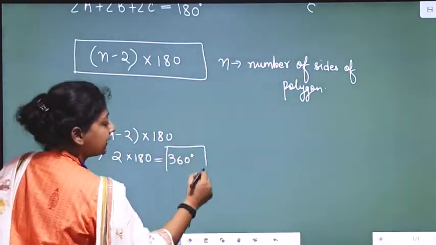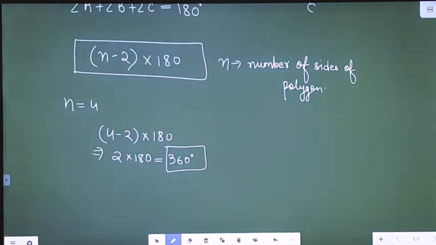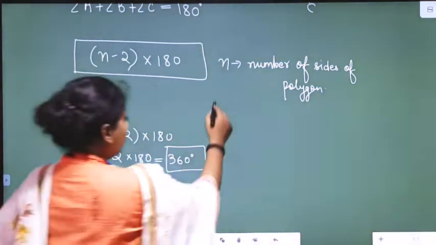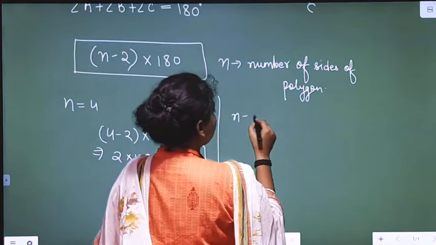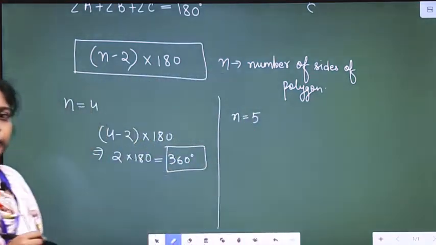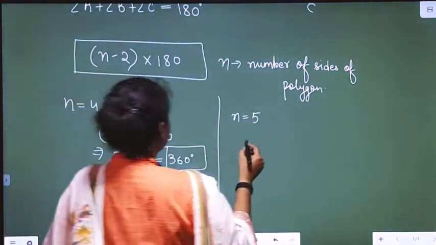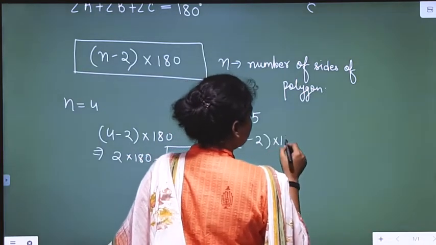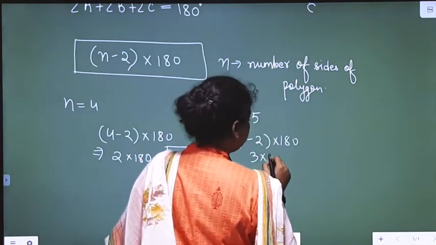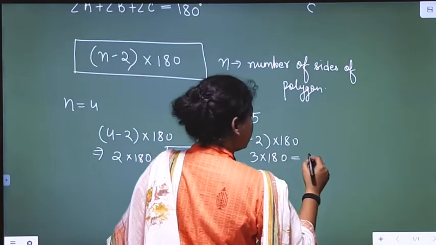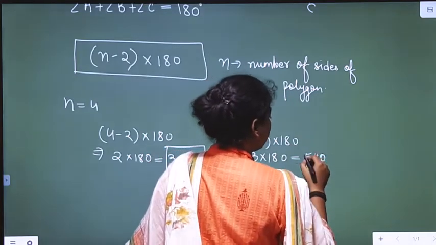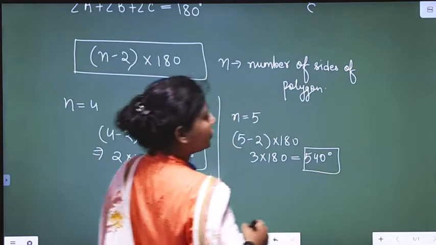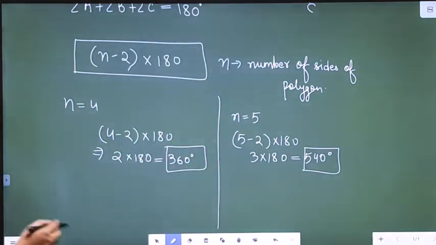This implies the sum of all the angles of a quadrilateral must be 360. For a pentagon, we have 5 sides, so n equals 5. 5 minus 2 into 180 gives us 3 into 180, which equals 540. So the sum of all the angles of a pentagon is 540.